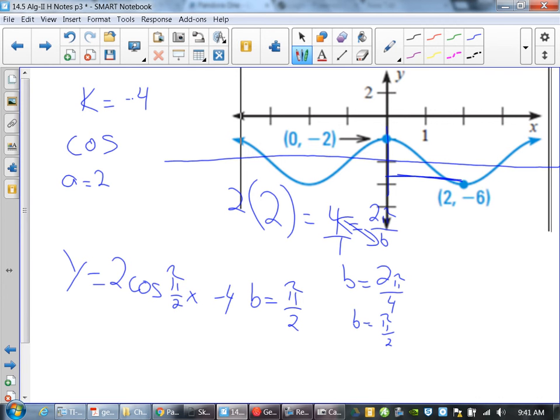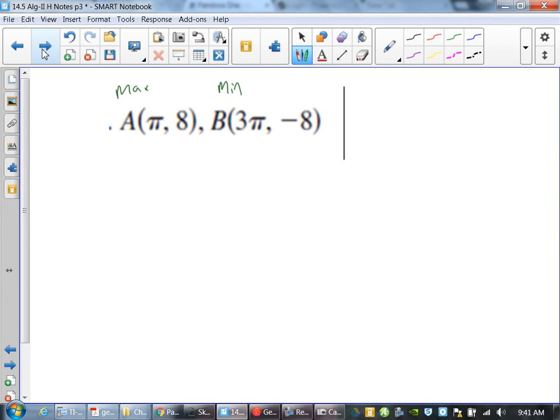Let's add to this. I've got a couple other versions of this to show you. Before we get into that packet thing, sometimes you might be given just this. Sometimes you might just be given a set of ordered pairs, and that's the idea here.